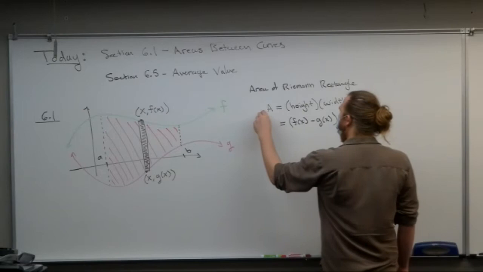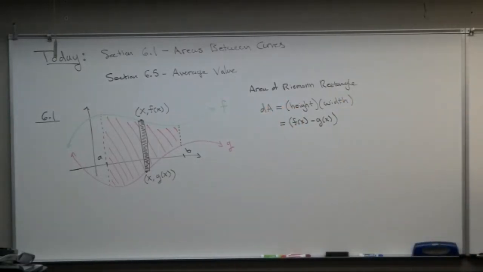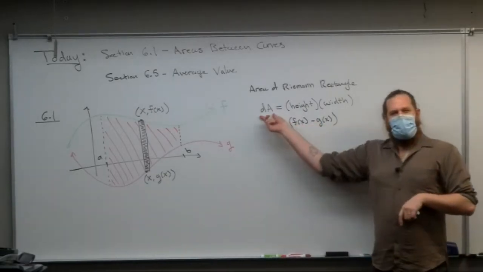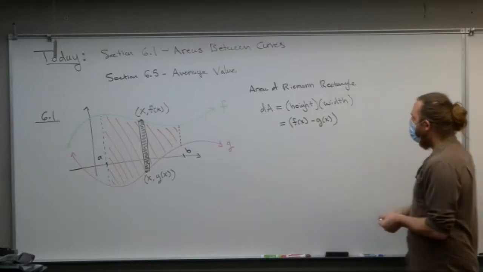Actually, I have a plan here. Let's do it like this. I'm going to use a notation like this in the future. So for now, and I'd like you to put this in your notes, dA stands for the little differential area, the small area that comes from a small chunk of x.